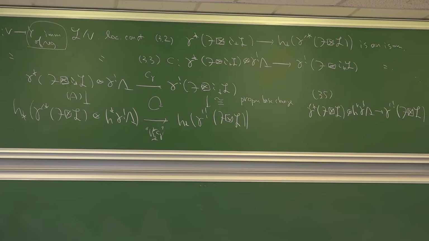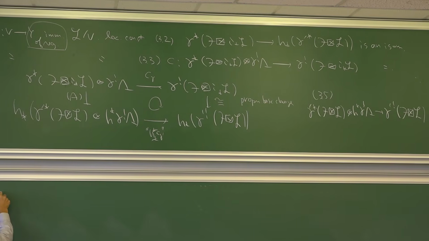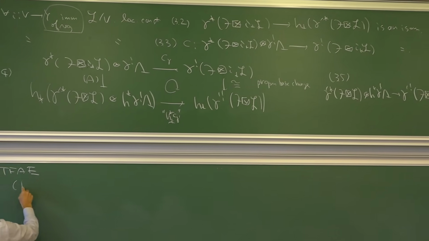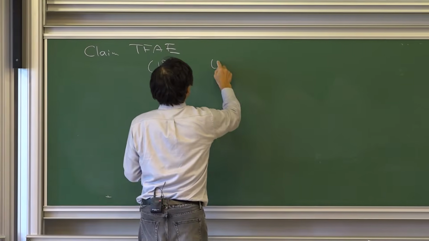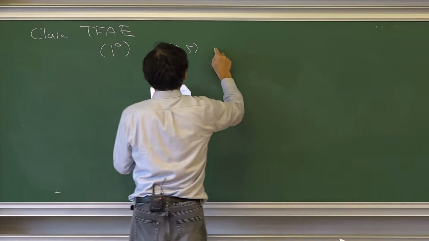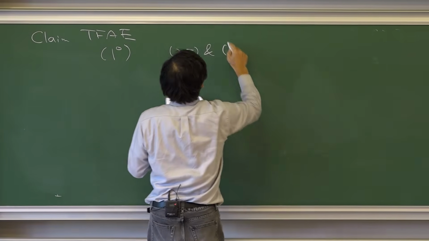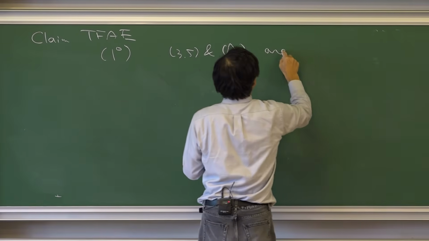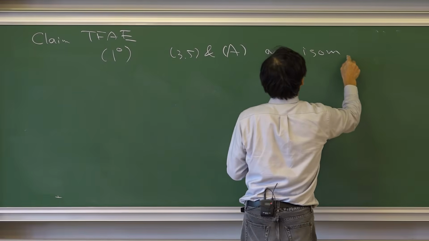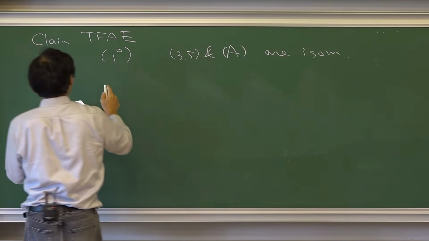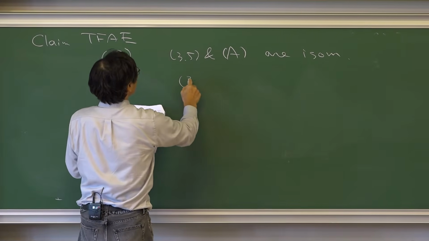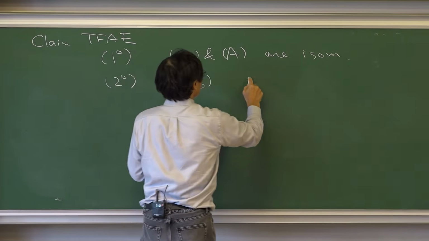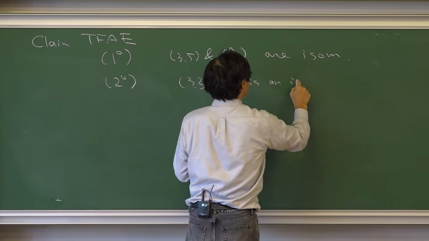Okay, so the claim is that the following are equivalent. The first one is that 3.5 and that A are isomorphisms. Second one is 3.3 is an isomorphism.